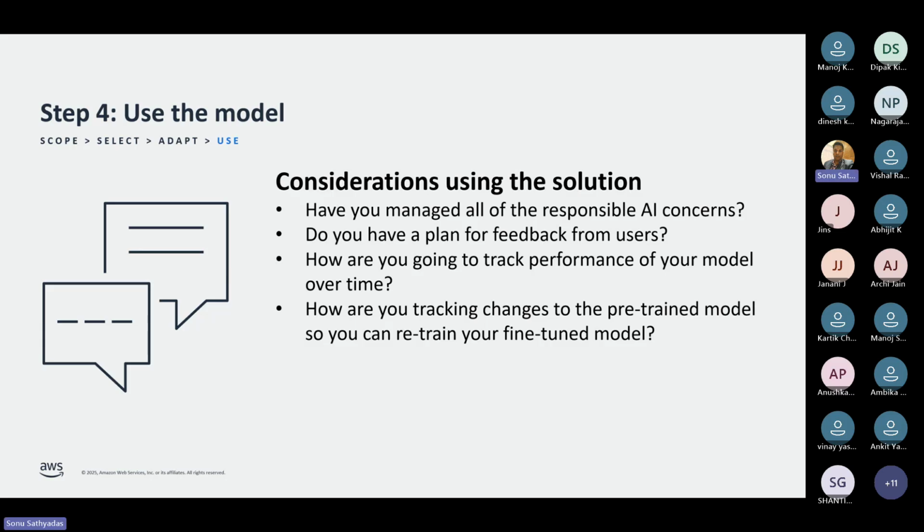So how will you collect the feedback from the customer? Whether the customer is satisfied or not satisfied. If the customer is not satisfied, then only we can improve the model's knowledge and behavior, right? So for that, what is the plan to collect the feedback from the users?